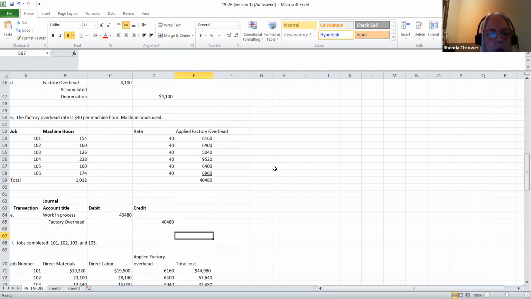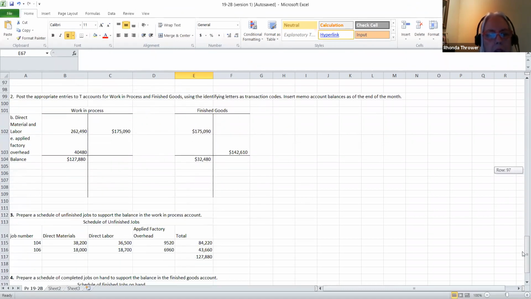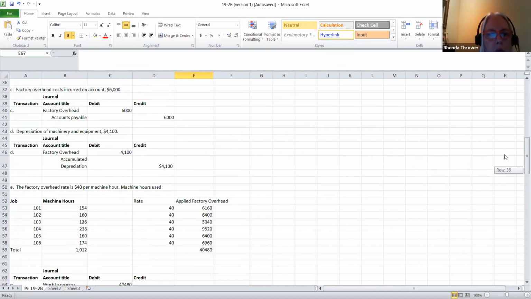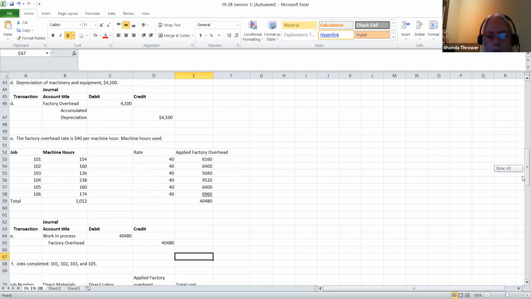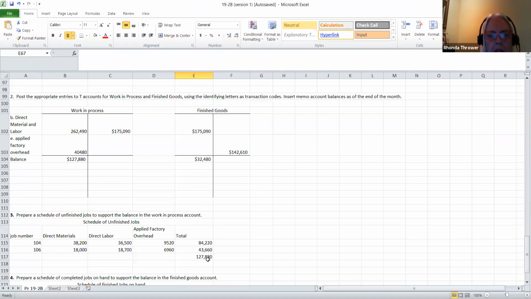came from these amounts right here. Now you have to remember which job that you're working on, and this job was 104, and so job number 104, the total amount that we credited, that was 9520, and that's where they're getting this figure here.